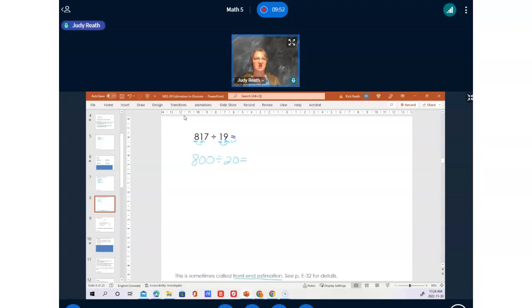And again, we can take off the tens if we want, divide by 10 I mean, to do 80 divided by 20, and that will give us 40. So 817 divided by 19 is approximately 40.